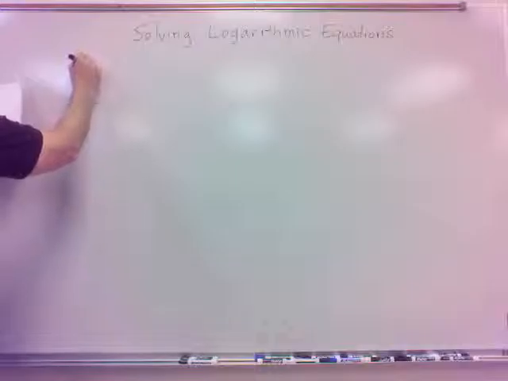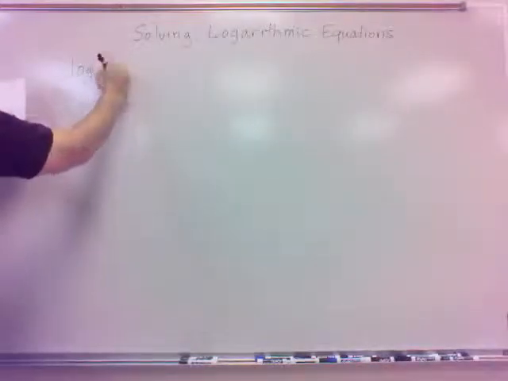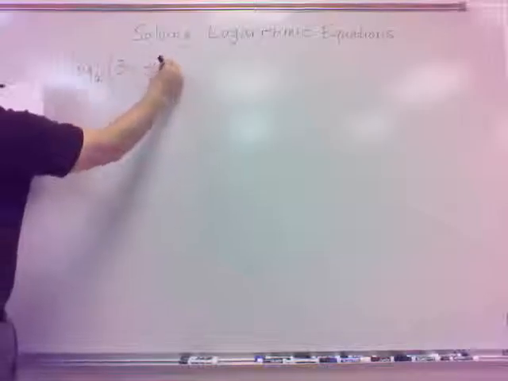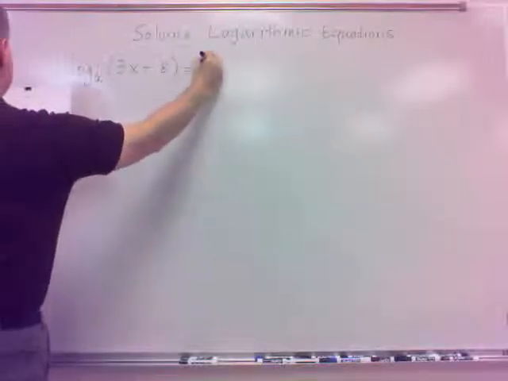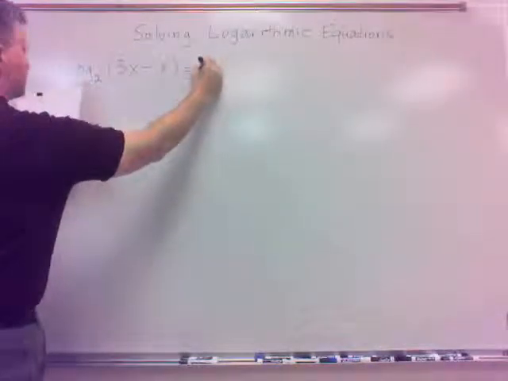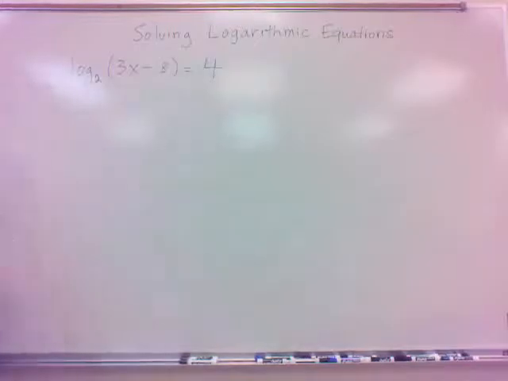Let's say we've got log base 2 of 3x minus 8 equals 4. What we're going to utilize here is a little technique.